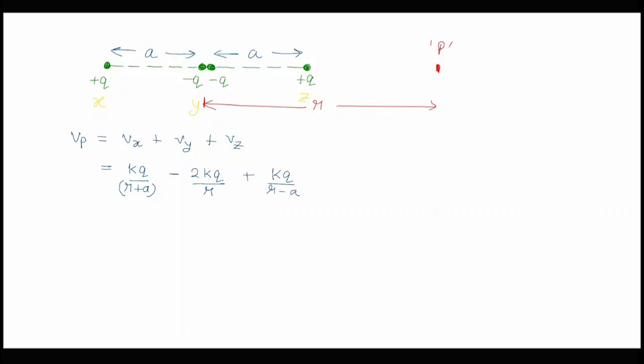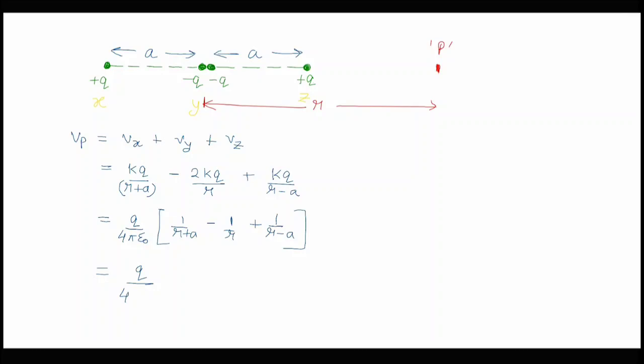If we solve this expression, we can write it as q upon 4 pi epsilon naught, 1 upon r plus a minus 2 by r plus 1 upon r minus a.